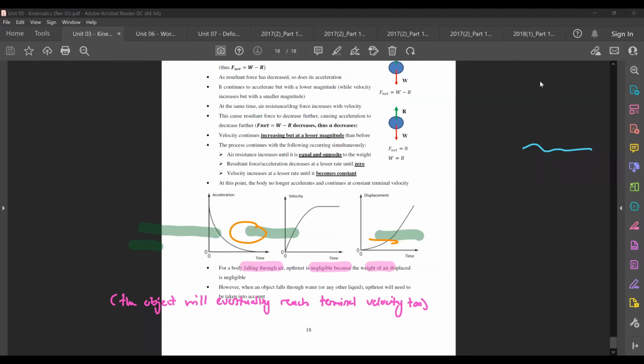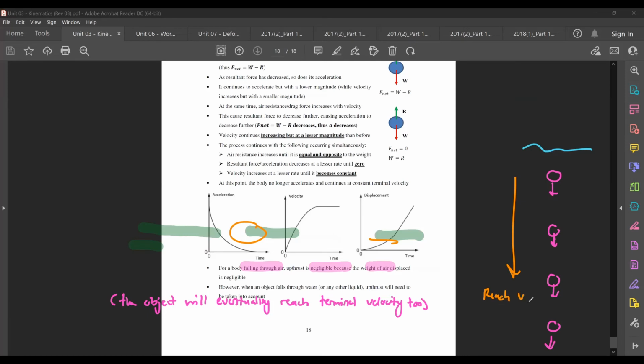So I let it start from rest inside the water. It drops down to the bottom of the ocean or lake or wherever it is being dropped. But the thing that is of interest is that when it drops down, it will eventually reach terminal velocity too.